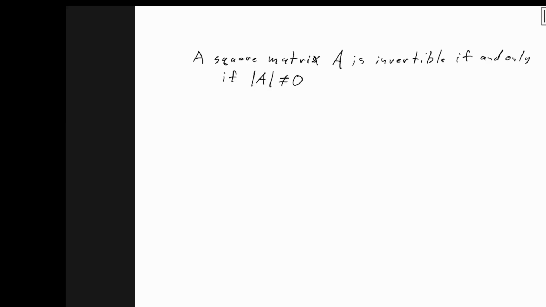But we can go a step further, because the determinant of A inverse is equal to 1 over the determinant of A. So if the determinant is not 0, then I can calculate the determinant of the inverse just by taking 1 over that value.